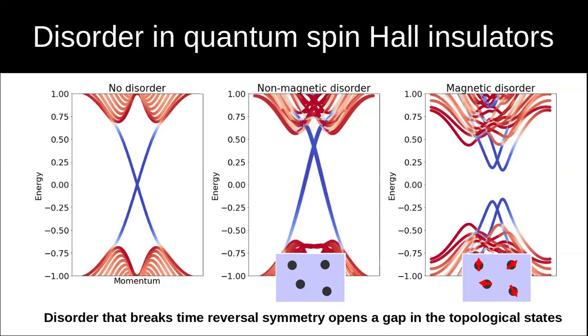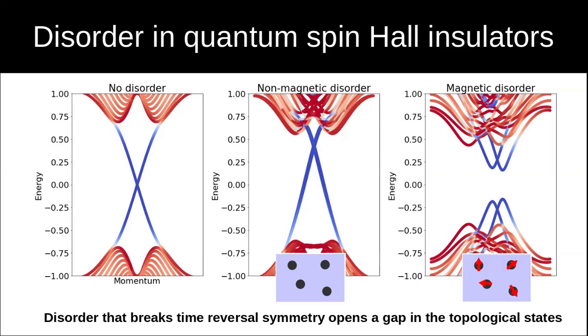Okay, now this idea of topological protection of the quantum spin Hall state can be addressed more specifically just by seeing what happens with the electronic structure once you put impurities. So if you start with a quantum spin Hall insulator without impurities, you have your gapless edge states that you see on the left. If you now start adding disorder that does not break time reversal symmetry, you have the band structure on the right, in the center.